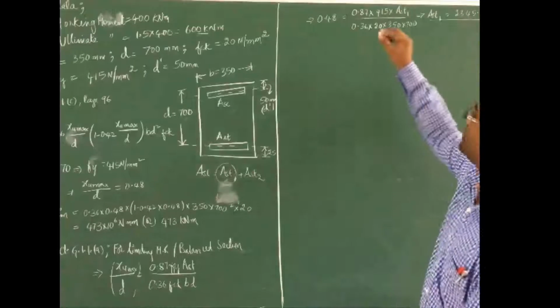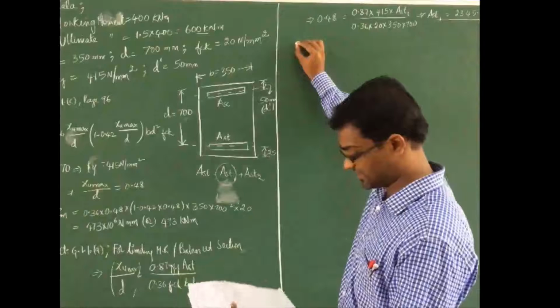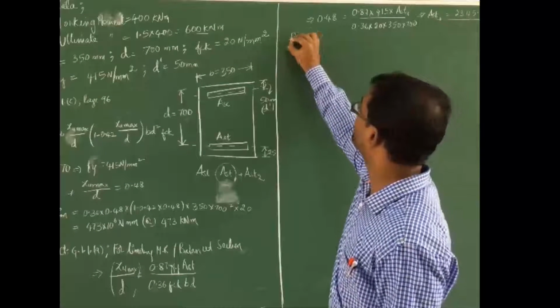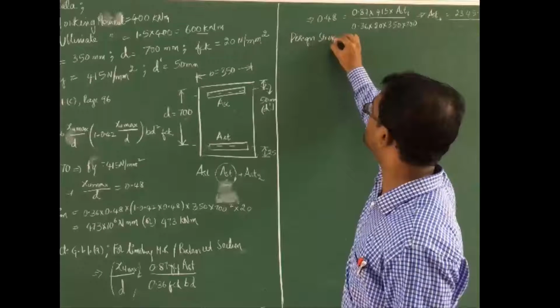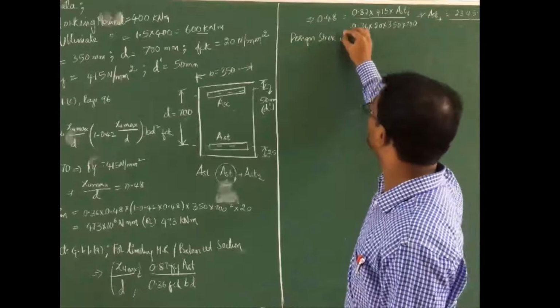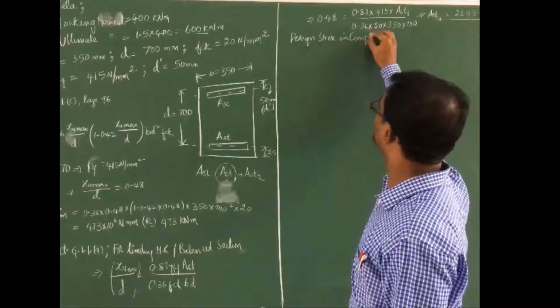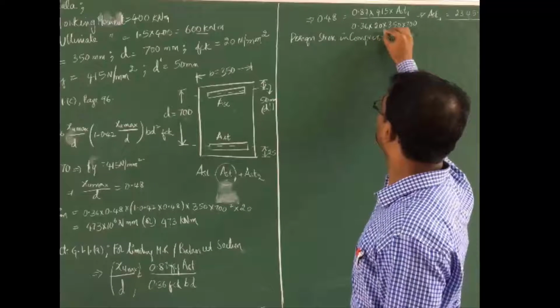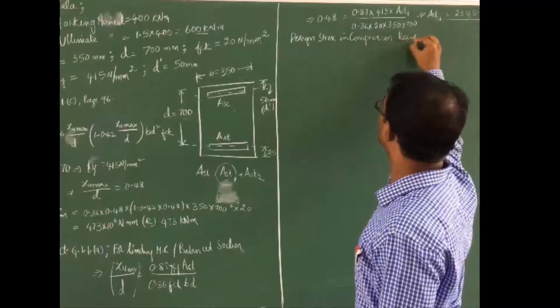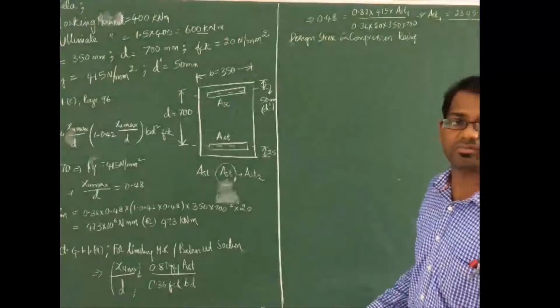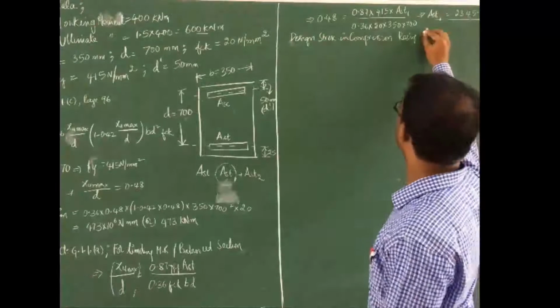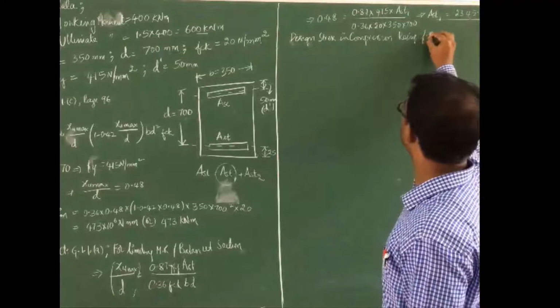So we need to calculate this FSC, which stands for design stress in compression reinforcement. This is stated in page number 96, clause number G. I have taken from there only. So this is represented as FSC.